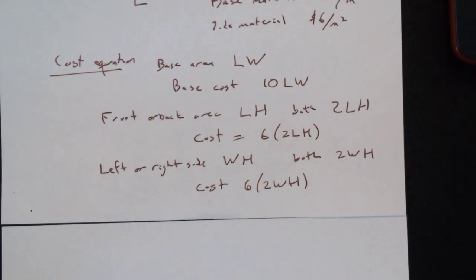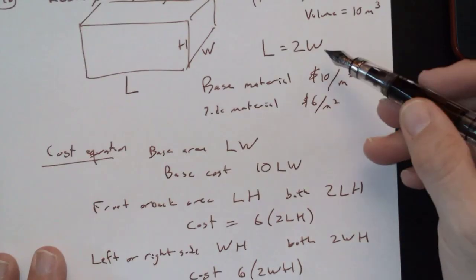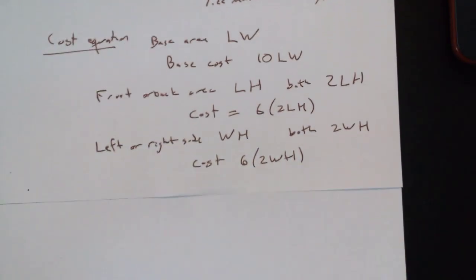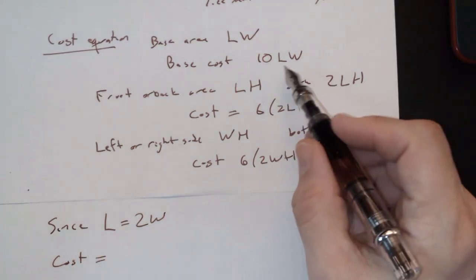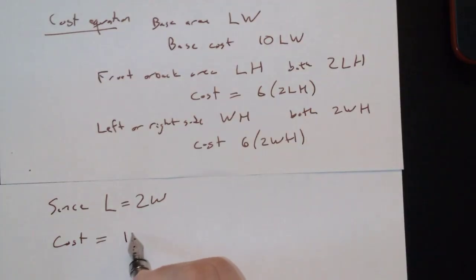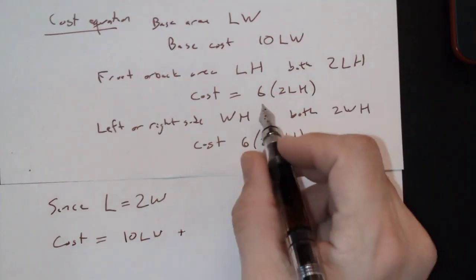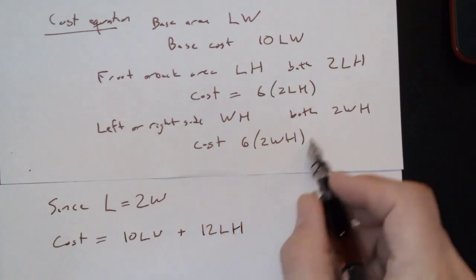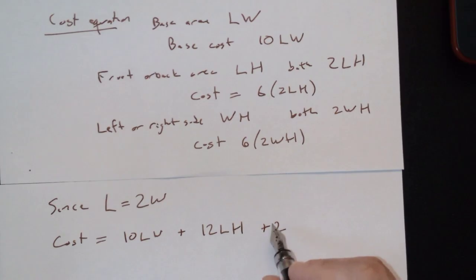Now, Jolanta, you're absolutely right. Everywhere I see an L, I can get rid of the L and replace it with this. So I take this expression for the cost of the base, plus this expression for the cost of the front and the back, and this expression for the cost of the left and the right.